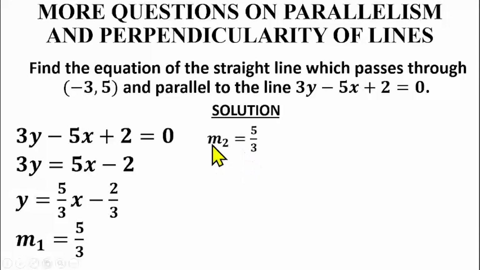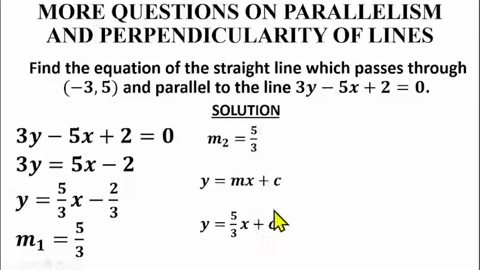We are looking for the equation of that straight line in the form y equals mx plus c. Then the gradient of that equation, which is m, will be what? 5 over 3. So put that here. You'll have y equals 5 over 3 x plus c.